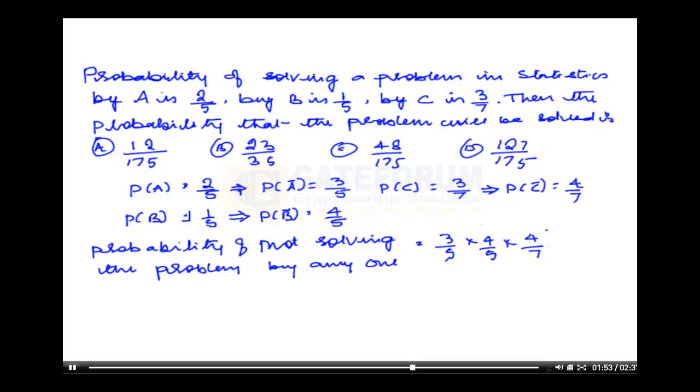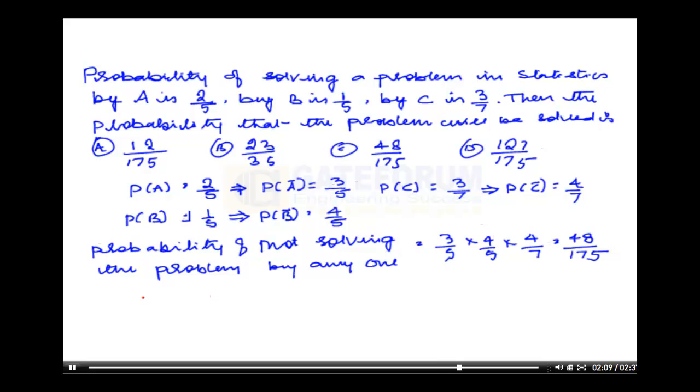Hence this should be equivalent to 48 by 175. So the above probability gives the problem not solved by anyone.